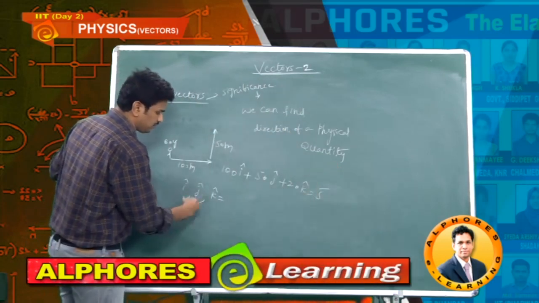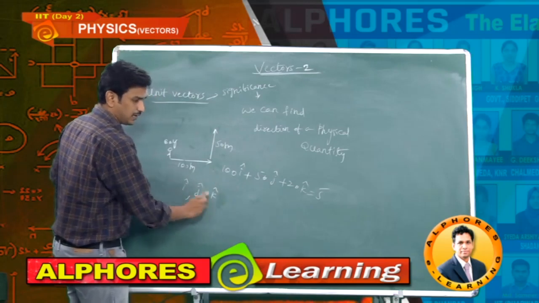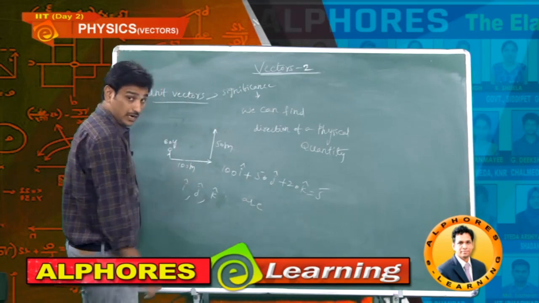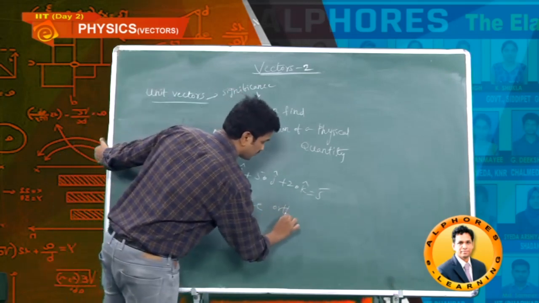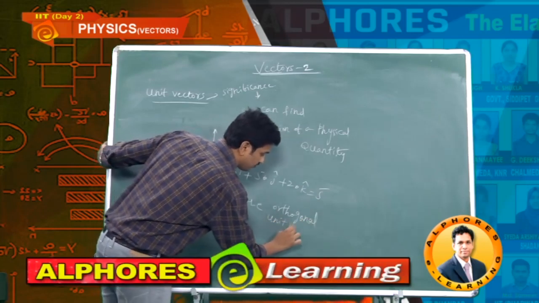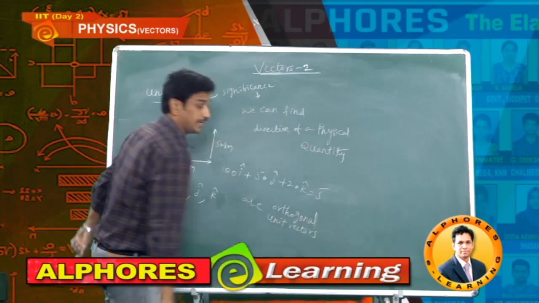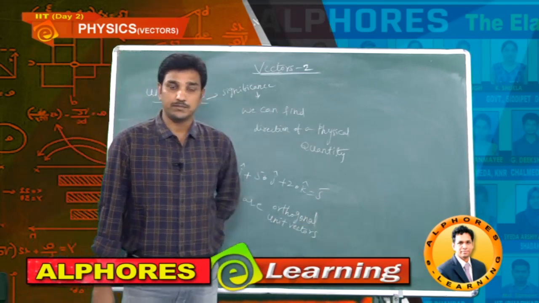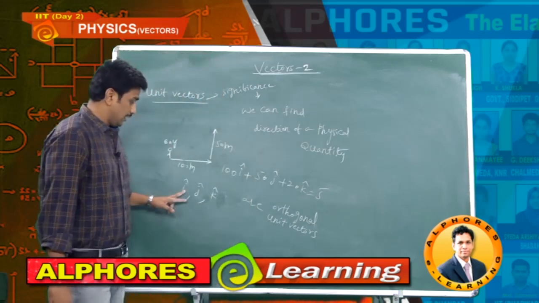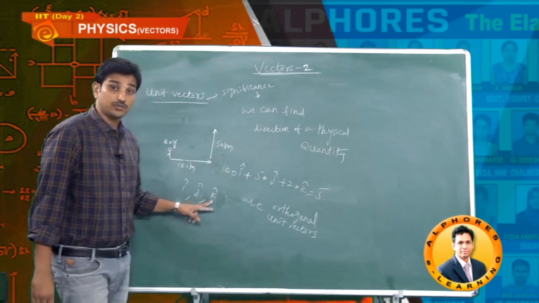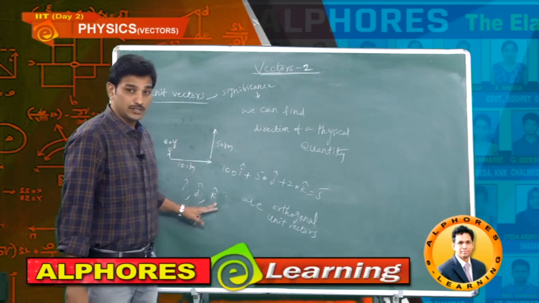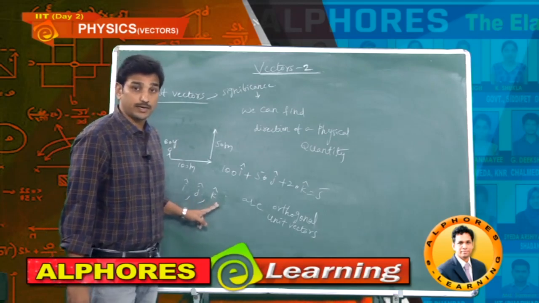I cap, J cap, K cap are orthogonal unit vectors. Why? Because I, J, K, all three are perpendicular to each other. X axis, Y axis, Z axis, all three are mutually perpendicular to each other.